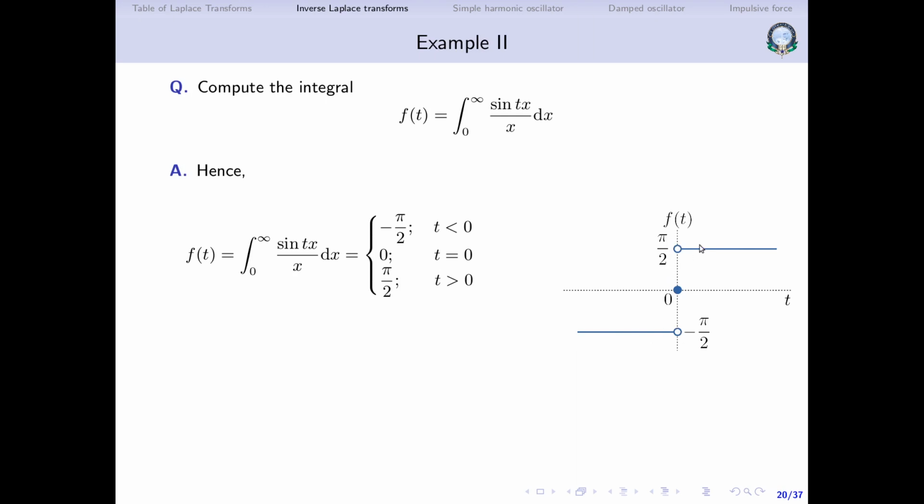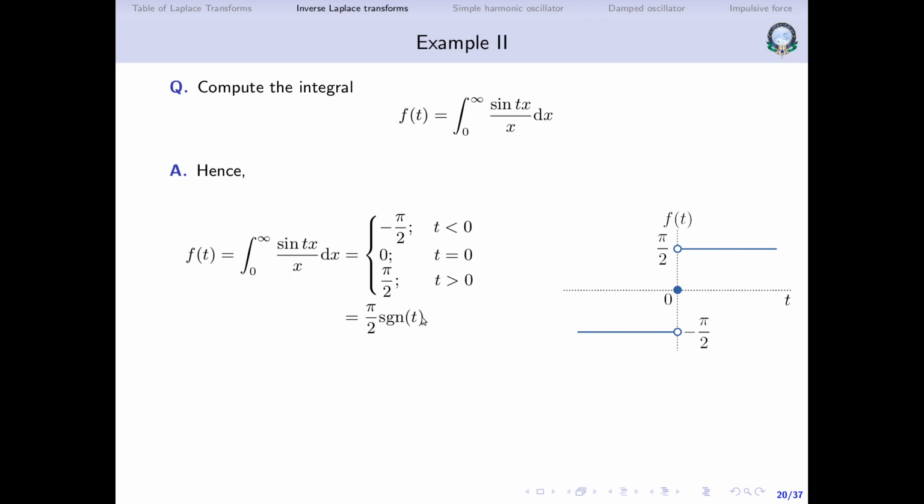So all you have to do is take the signum function and multiply it with pi by 2. Then it will correctly take plus pi by 2 and minus pi by 2 in the 2 different ranges of values of t. So we could just write this integral f of t as pi by 2 times the signum function of t.